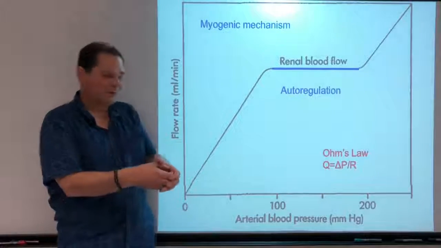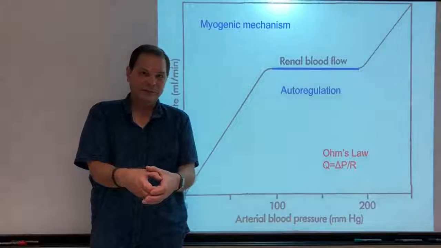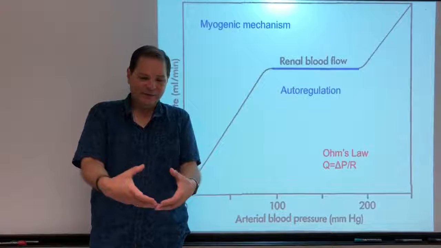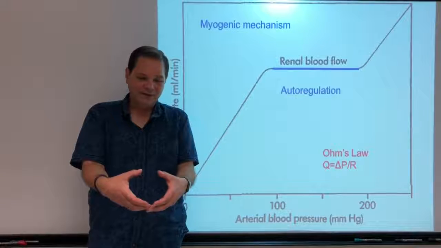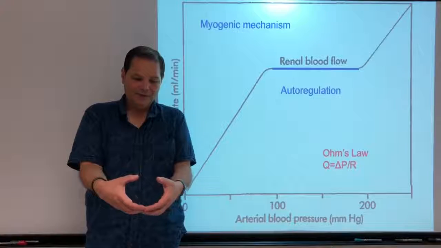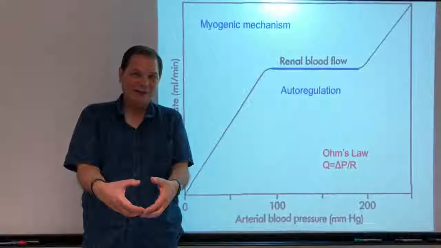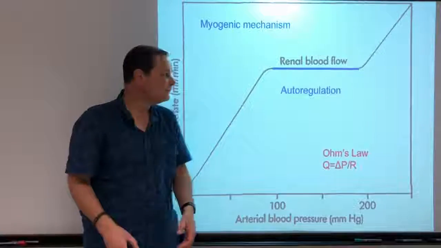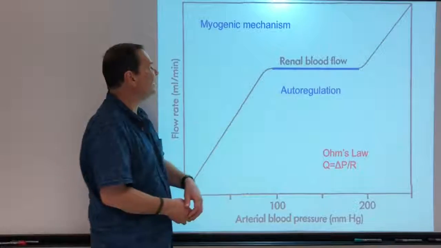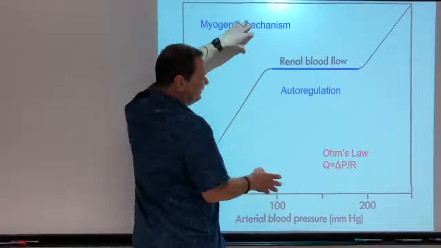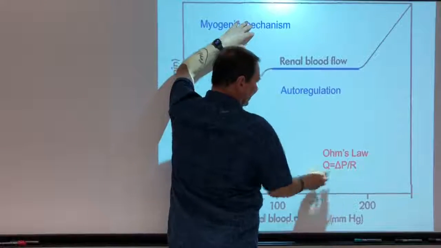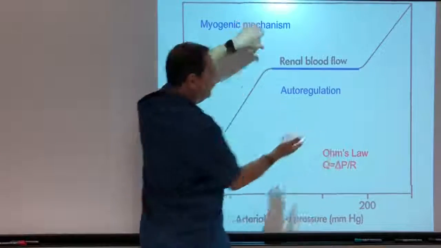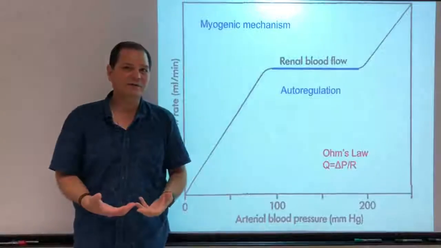So as the pressure in this smooth muscle ring goes up, you would ordinarily think, well, the volume will go up, and the cross-sectional area will go up, and the vessel will actually dilate. Instead, what happens in these arteries is they actually constrict in response. And the resistance to flow goes up. So the pressure in the vessel is going up here, and as it goes up, the resistance to flow goes up to keep flow constant.